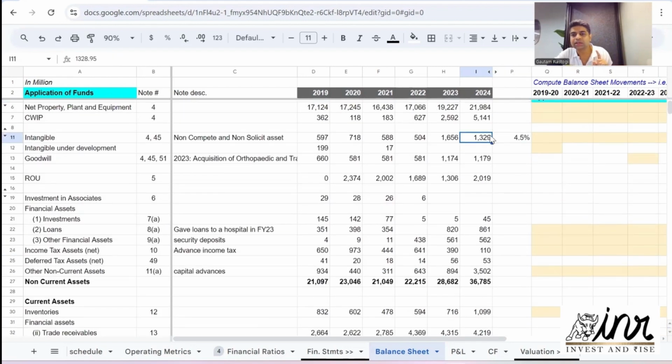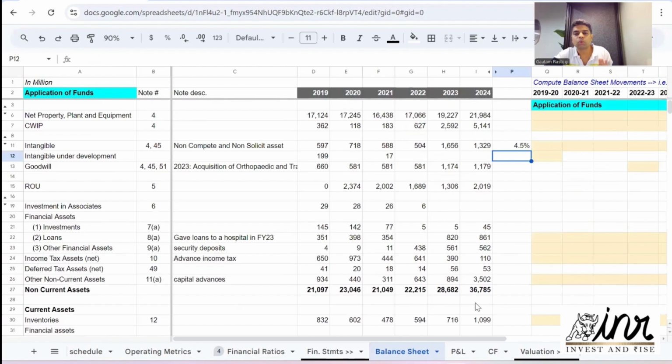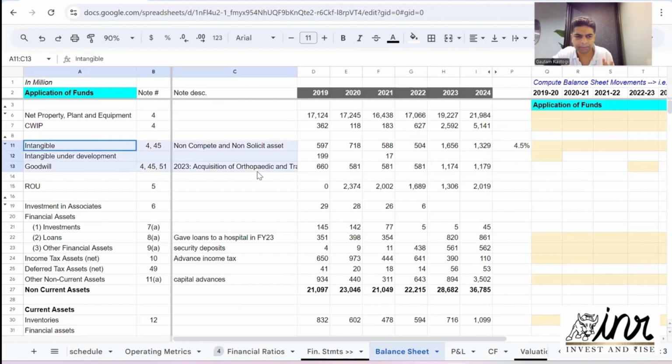Okay, so what I've done is I've added the intangible and the goodwill and divided it by the total assets. ठीक है. तो what it means is कि only 4.5% of the balance sheet is intangible and goodwill, which is fine, which is very typical, I would say, for a hospital.